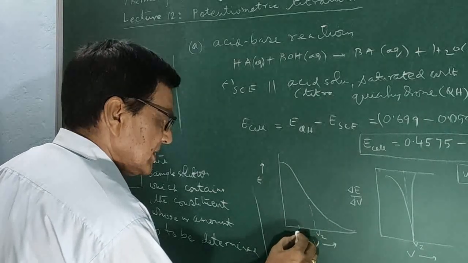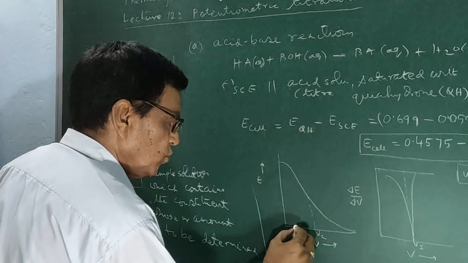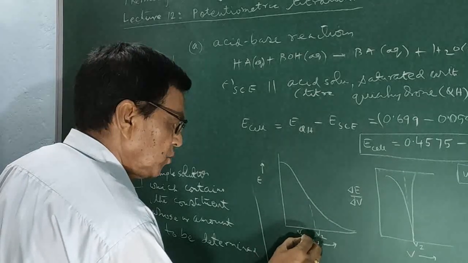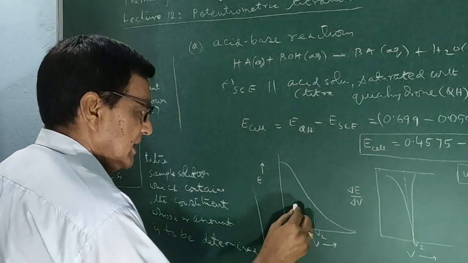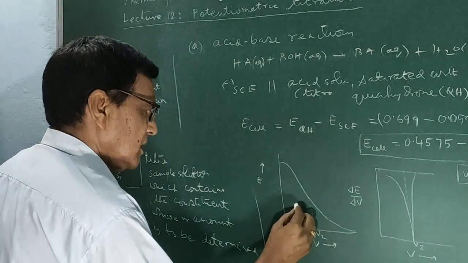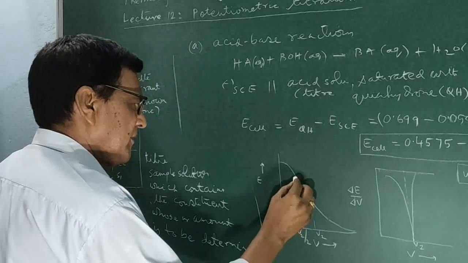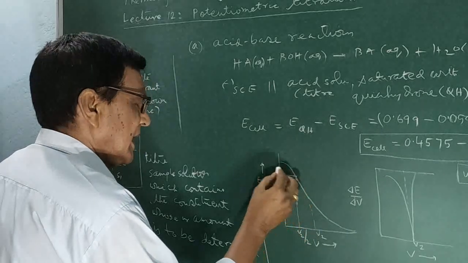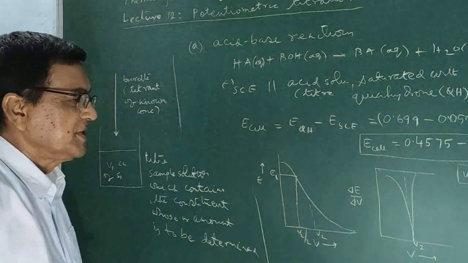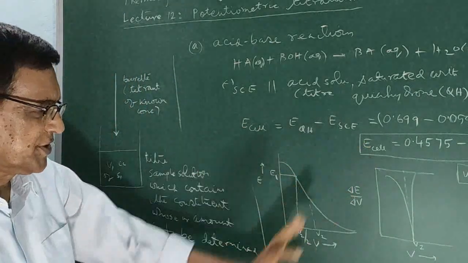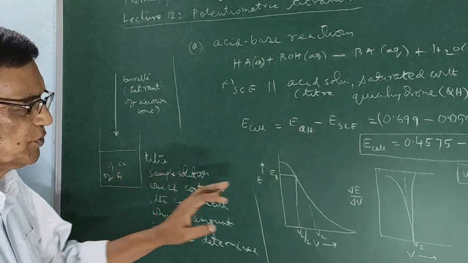Then this is V2 by 2. V2 by 2 means in this case the acid is half neutralized, and E1 may be taken as the potential of this cell when this weak acid is half neutralized.